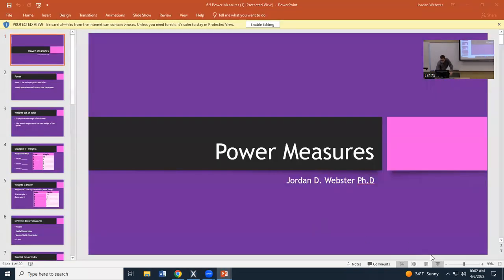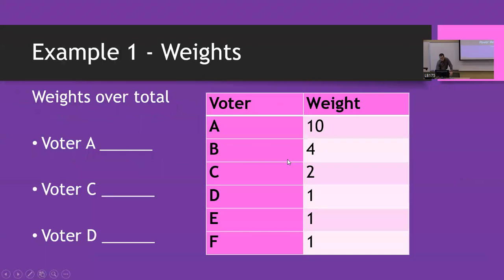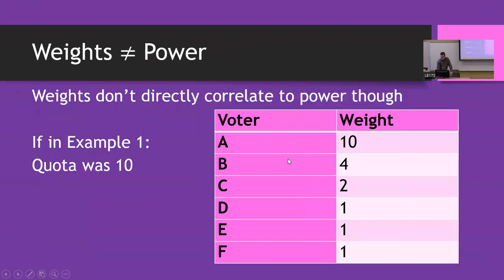So if you remember what we were doing last time, we said weights don't really give you an accurate understanding of power in a weighted voting system, okay?